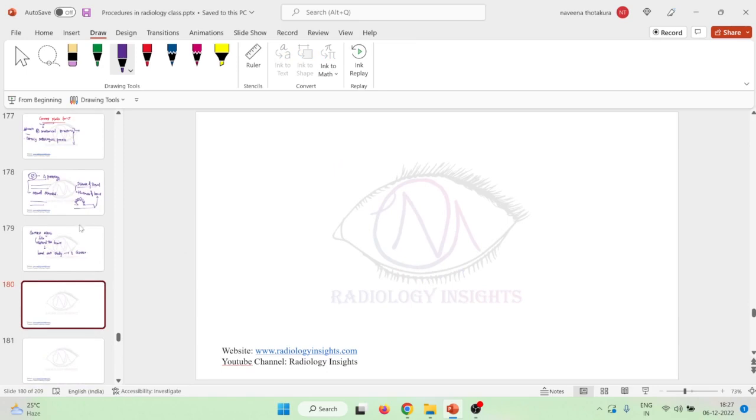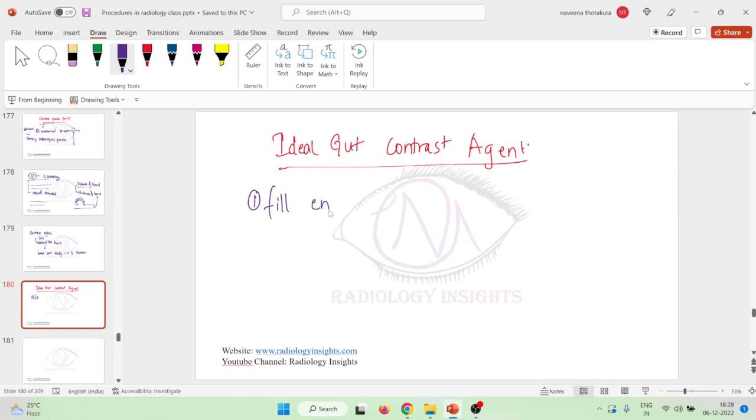So when do you say that the contrast agent is ideal? What is an ideal gut contrast agent for CT? Number one, it should fill the entire bowel lumen. That means if this is the bowel lumen, the contrast that we use should fill the entire lumen. Second, it should be palatable, easily taken by the patient. It should be non-irritating to the intestinal mucosa.